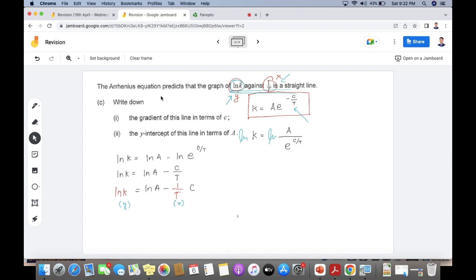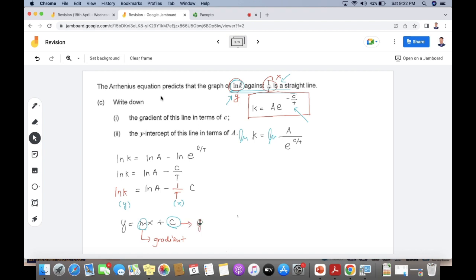In a straight line, we know that the equation is y equal to mx plus c, wherein the numerical coefficient of x is your slope. This is your gradient. And the constant part is actually your y-intercept.